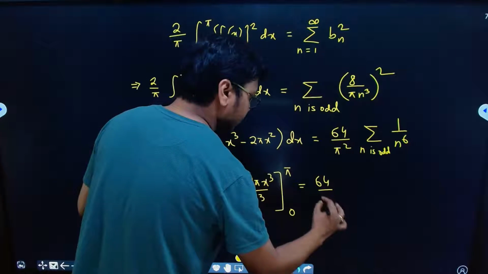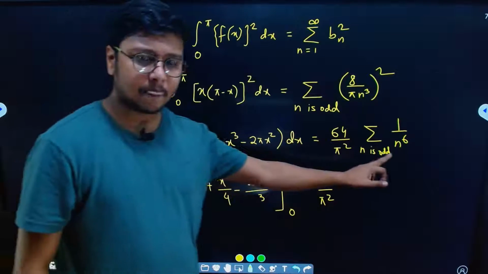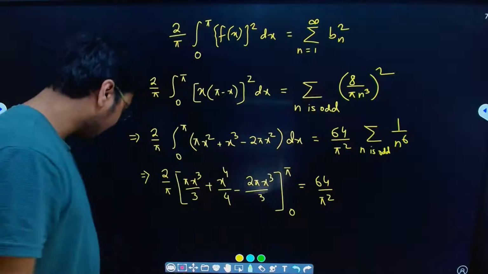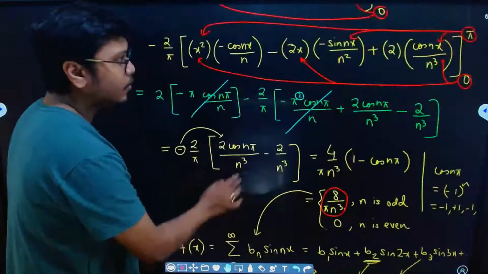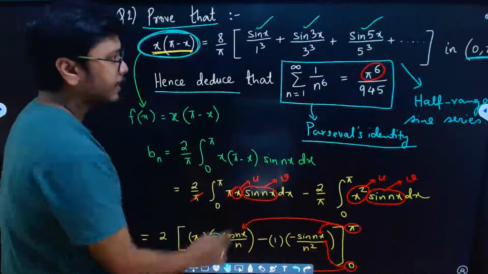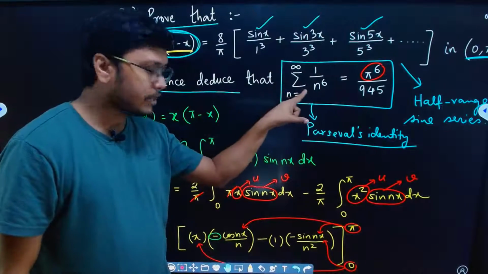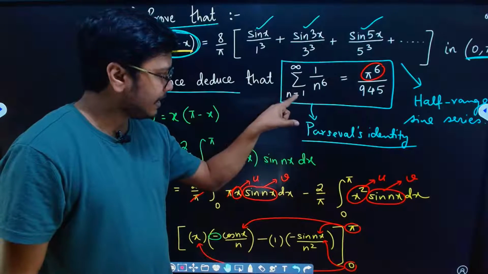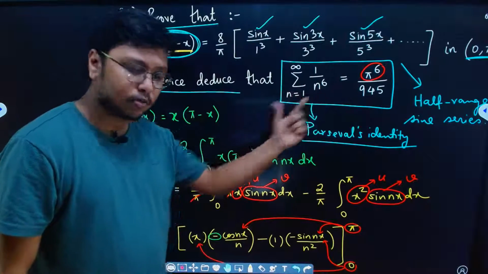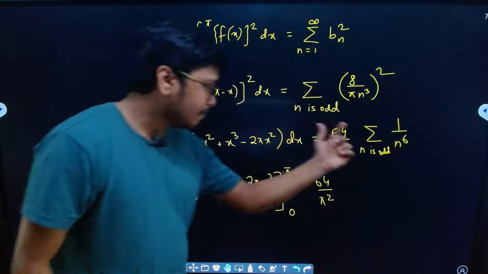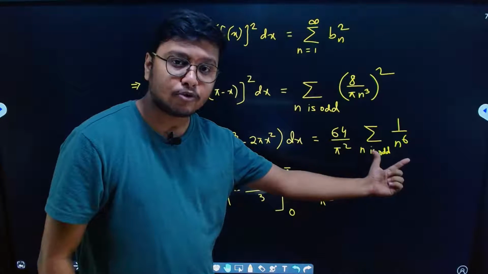64 by pi square, I want to break the summation. Now be very clear about one thing: in the question here, n is 1 to infinity. That means the even numbers are also included over here. So even values of n are included in this summation, but in my expression the even values are not included.